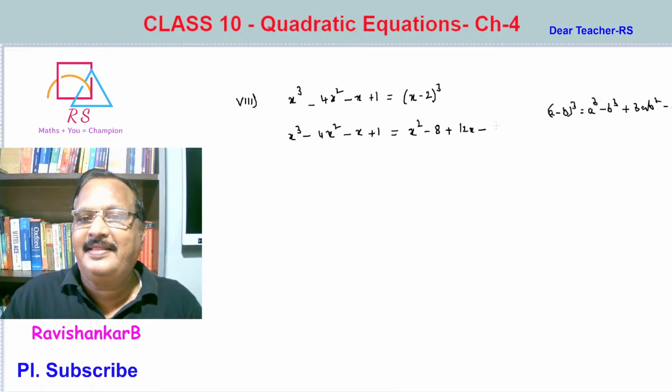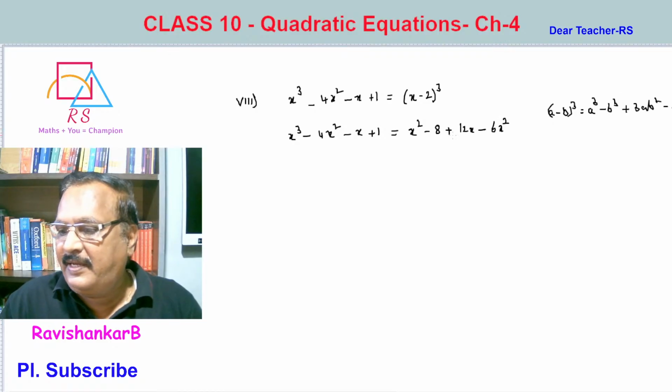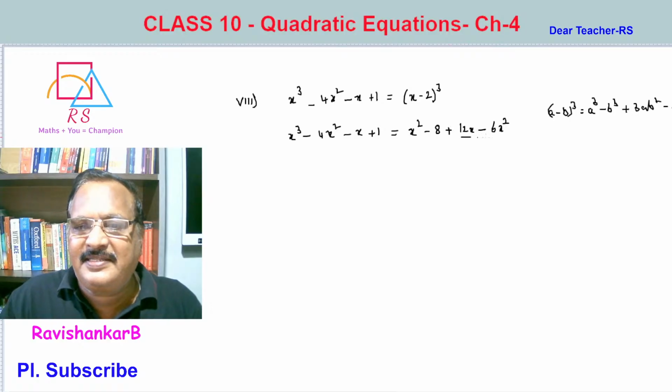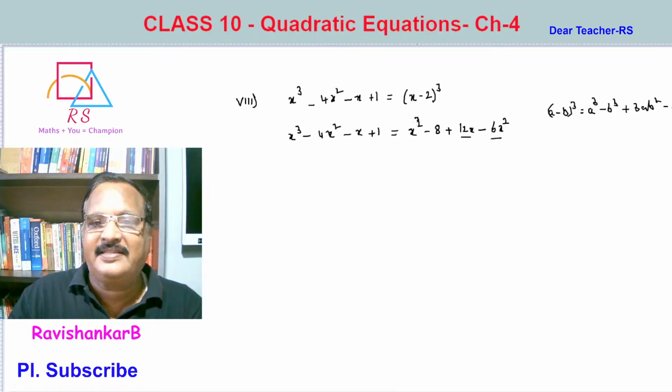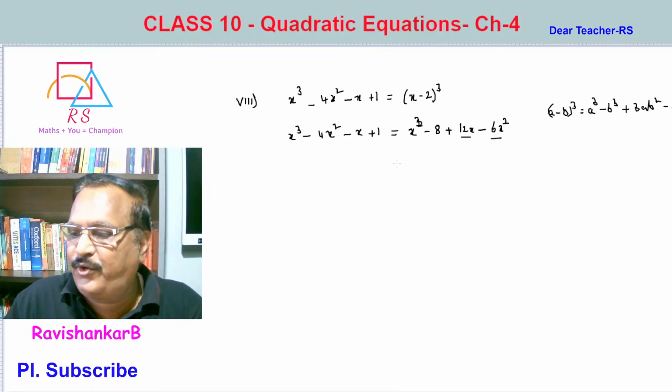So 6x square. Okay, I have interchanged these two, no problem. So here I have written x square, it is not x square, it is x cube.